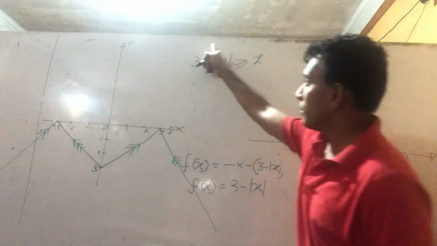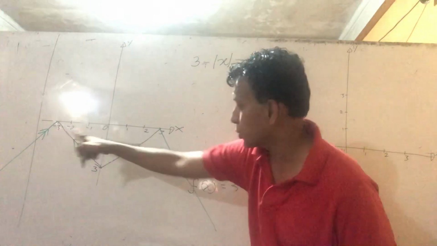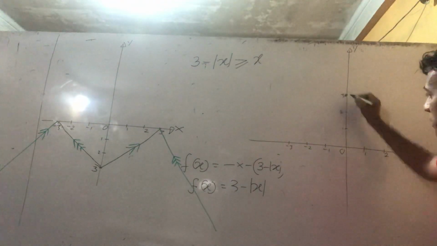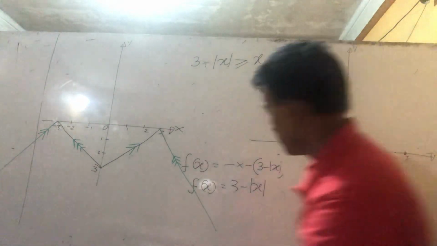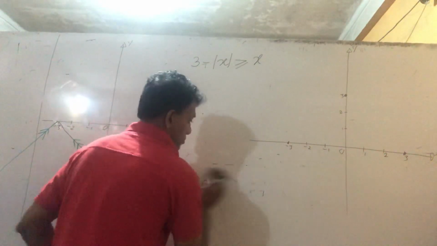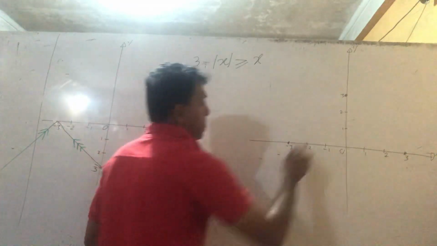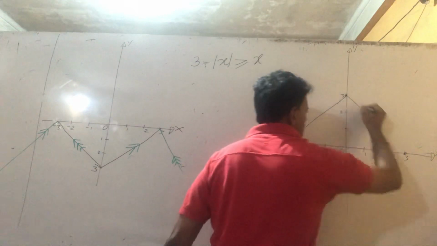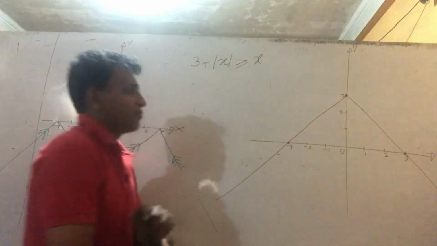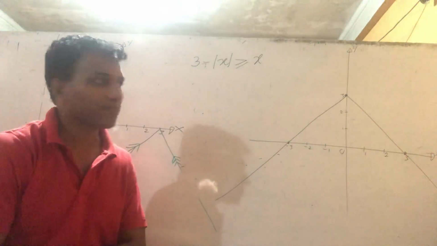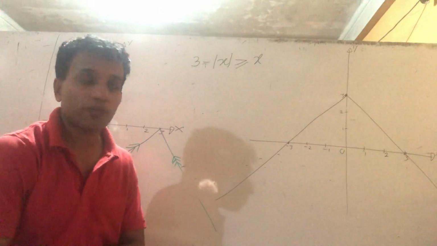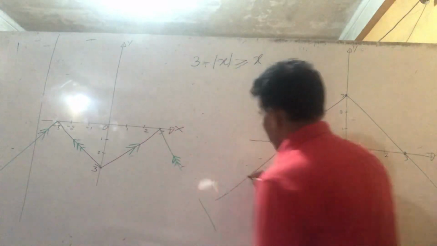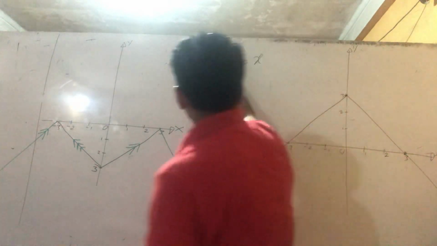You already drew the 2 parts. So here 3 and here 3 and -3. Is this a simple question or difficult? Not difficult, the graph is sketched already. Sometimes that is a problem for you. Otherwise, ordinary problem, right?